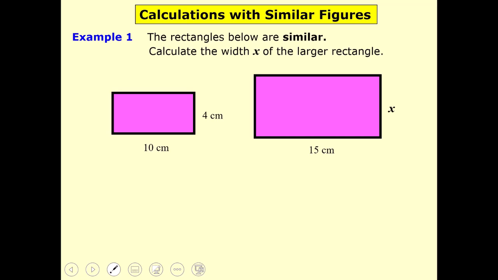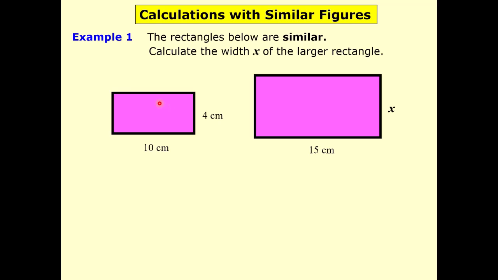Okay, so our first example, we are told that these two rectangles we see here are both similar. And we have to calculate the width of x on our larger rectangle. Previously I said similar shapes can either be an enlargement or a reduction of the other.